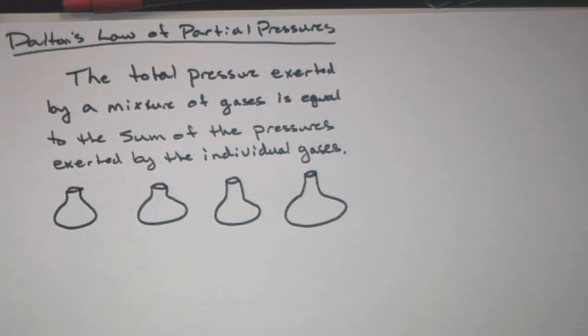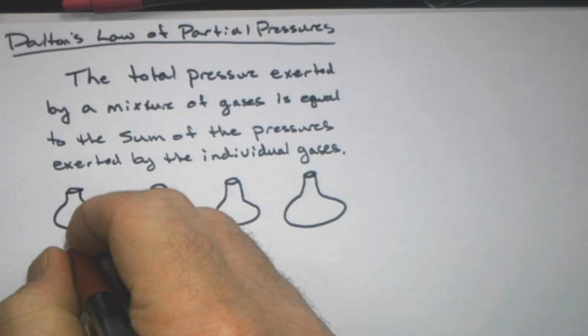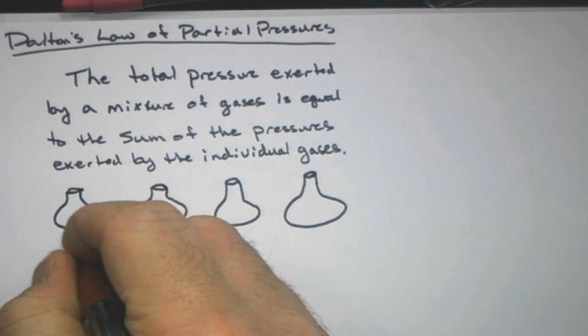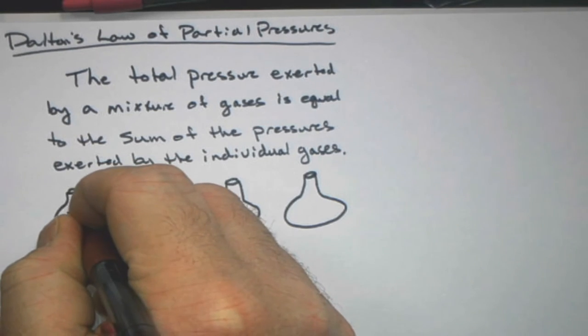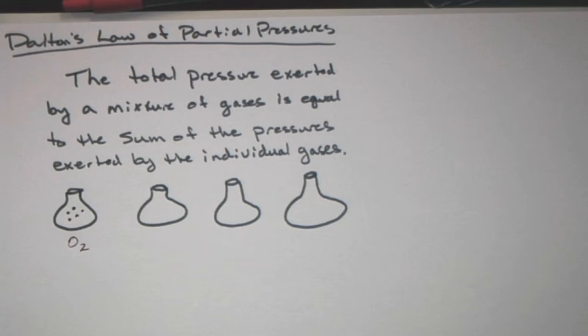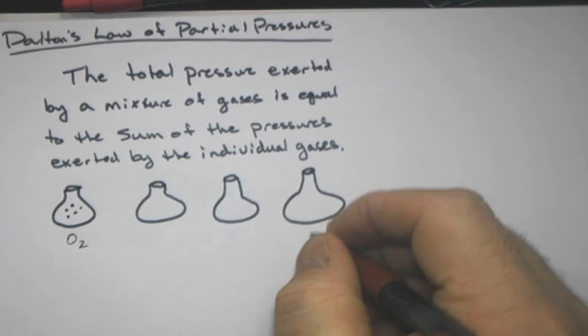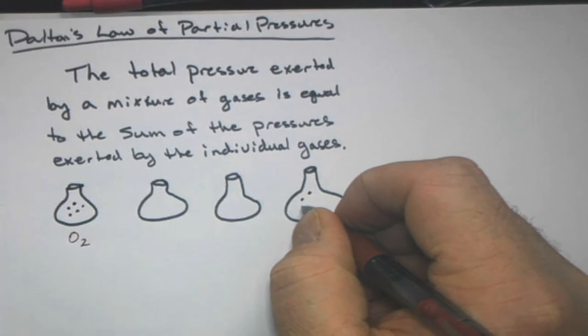In these flasks, in this one, we are going to have oxygen, and let's say there's 5 parts oxygen in that particular flask. And the last one over here is nitrogen. We have nitrogen down here, and there's 15.